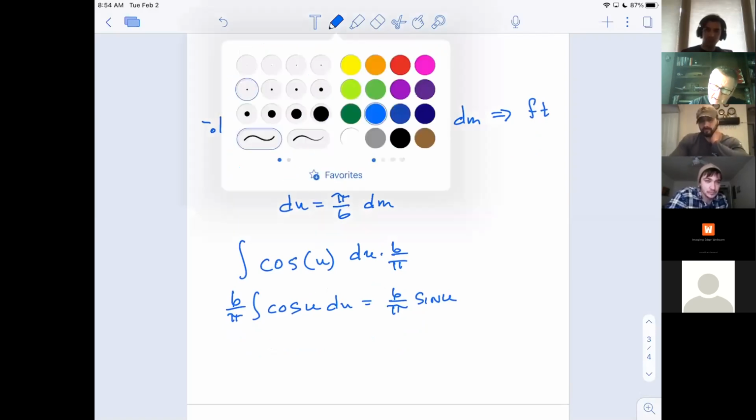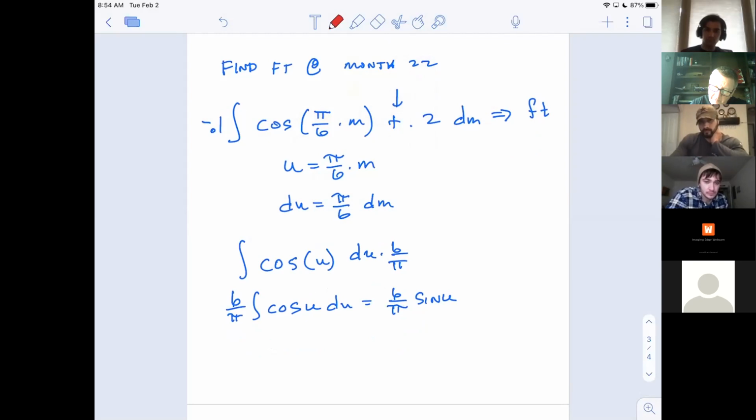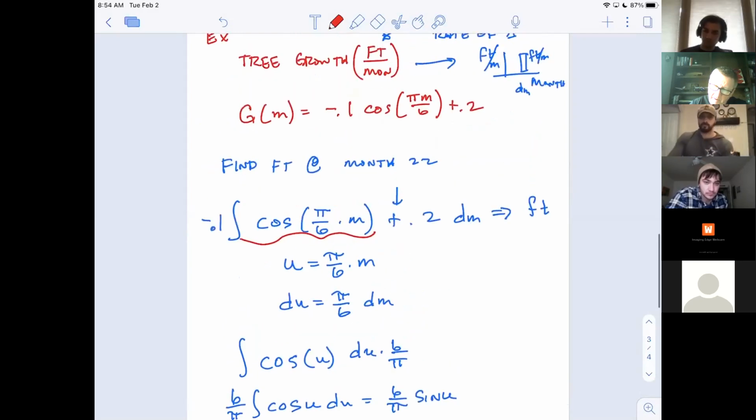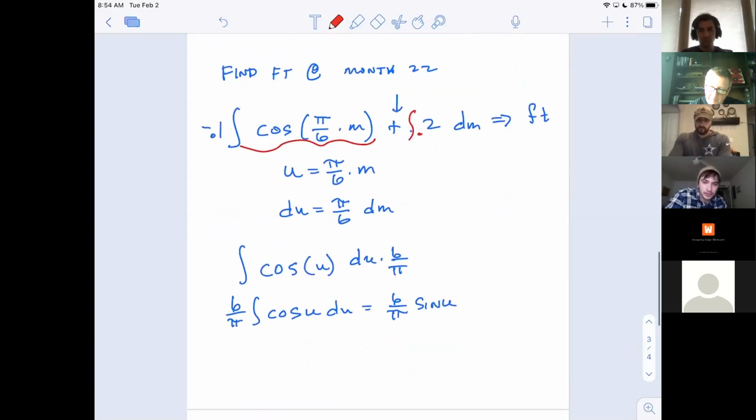So if I go back up to what I had a second ago, I sort of survived this all by itself. And notice the 0.1 is not multiplied by the 0.2. So maybe I should be a little more careful here and say that. I'm treating it as two separate problems because of that plus sign.